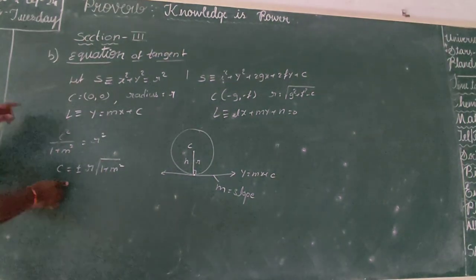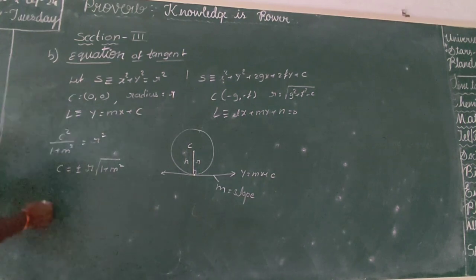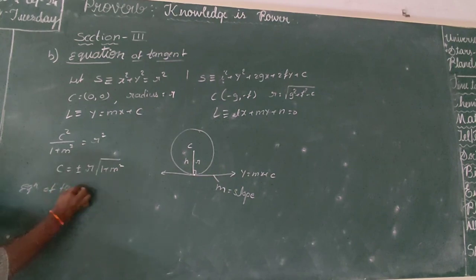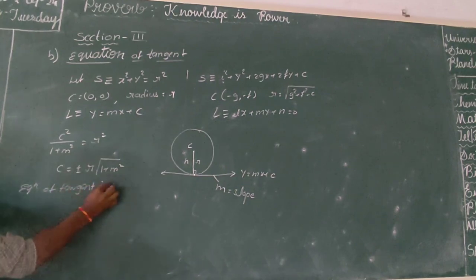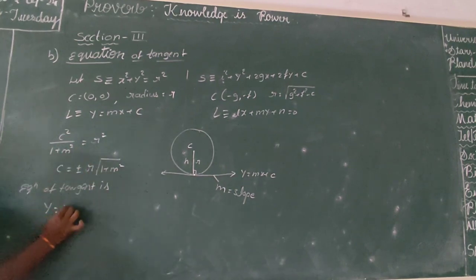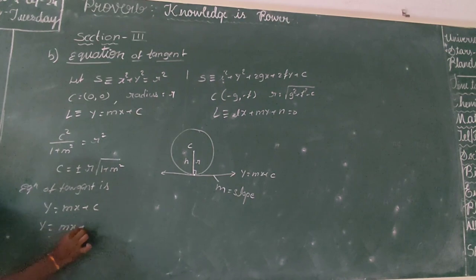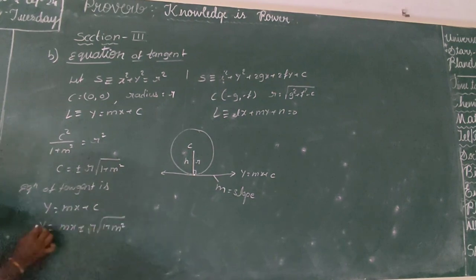By using this value, the equation of tangent y equals mx plus c becomes y equals mx plus or minus r into root over 1 plus m square, where m is the slope of the line.